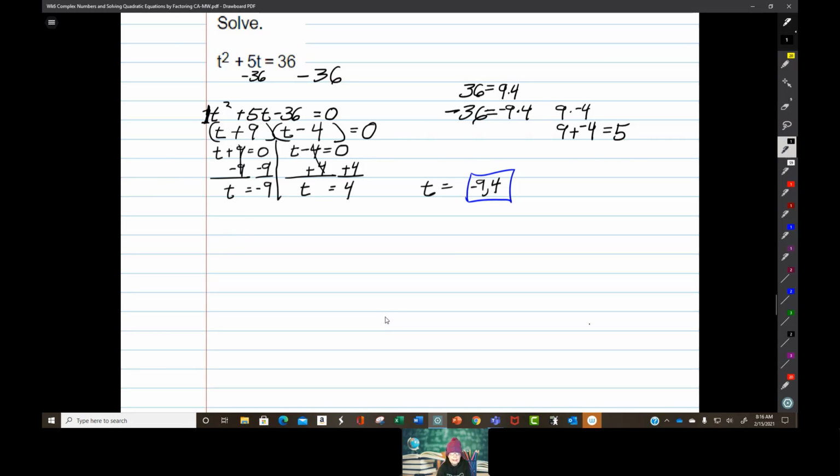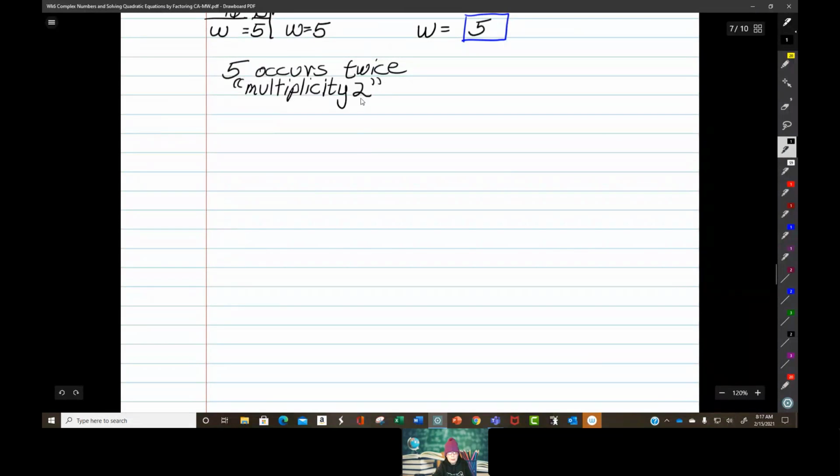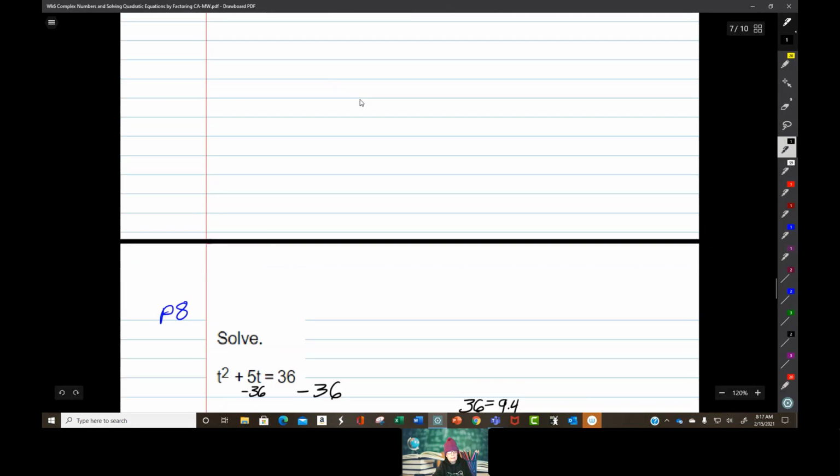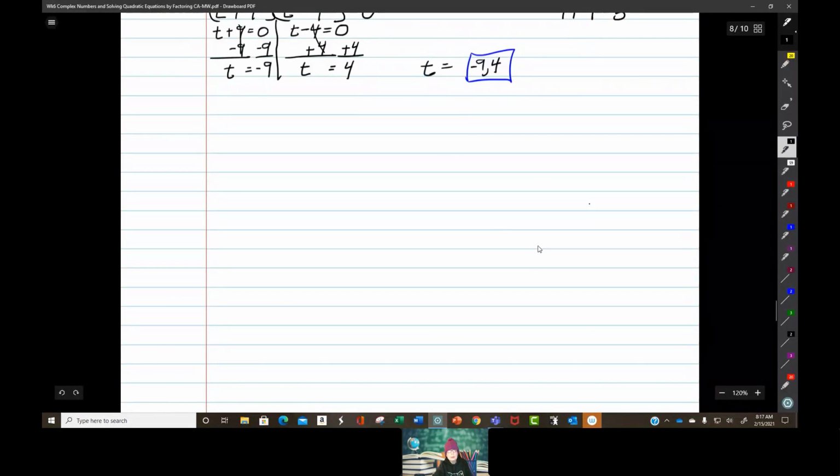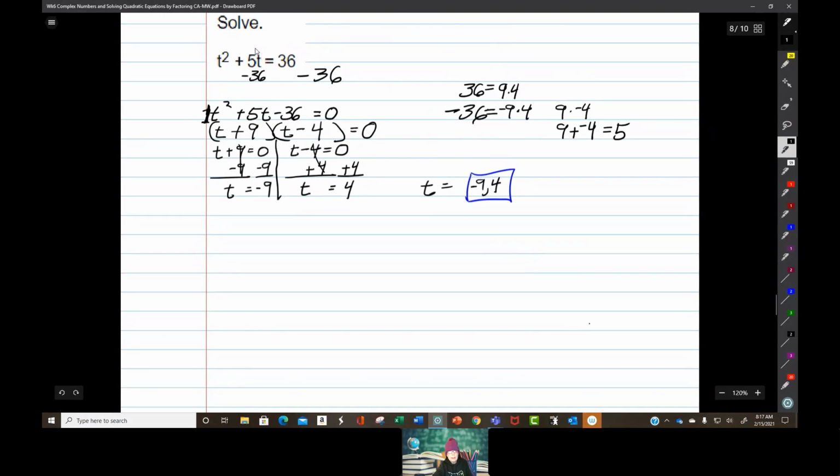What you're doing is you're listing your solutions. Most of the time for a quadratic equation, you're going to have 2 answers. Most of the time. Sometimes you have one answer that occurs twice. But here you've got 2 solutions to the equation.